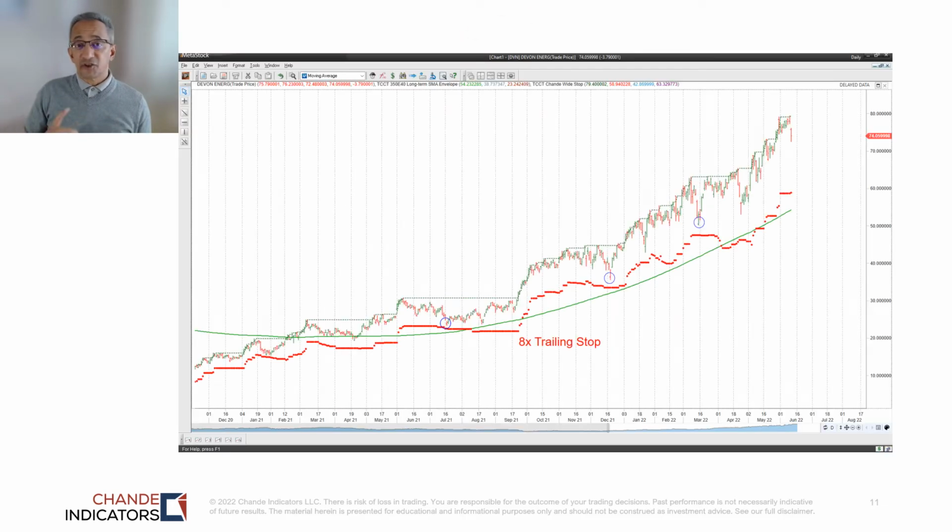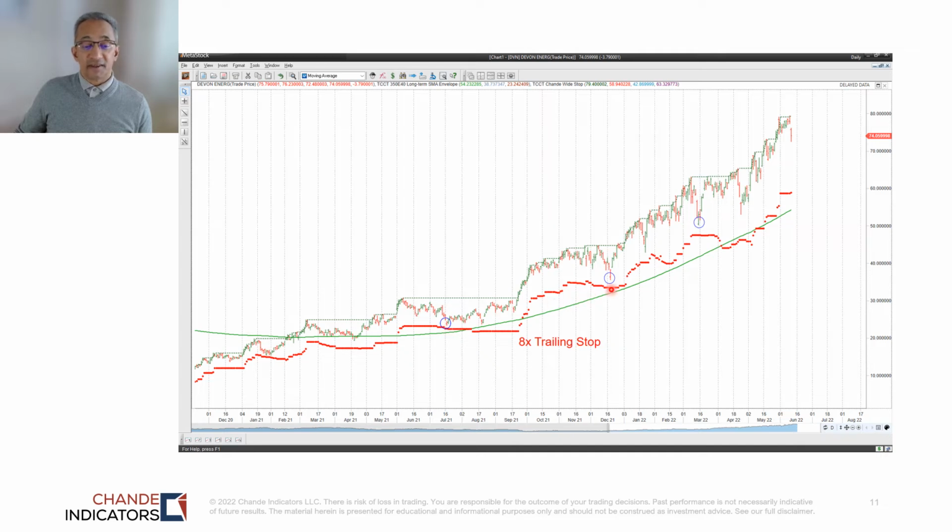So this is the Devon chart again, but you see that the red dots are now calculated with an 8x multiplier instead of a 6x multiplier. 8 is bigger than 6, which means that we are further back from prices. I've kept the blue circles from the 6x exit. So you see that if we entered there, we would not have exited here.